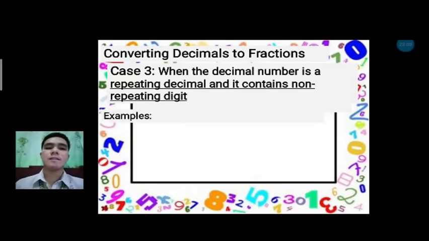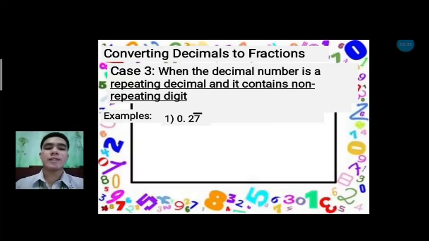Example, we have 0.27 with the vinculum above 7. Therefore, the repeating digit there is 7 and the non-repeating digit is 2. To convert it into a fraction, first you have to get the given decimal number and take it as a whole number.